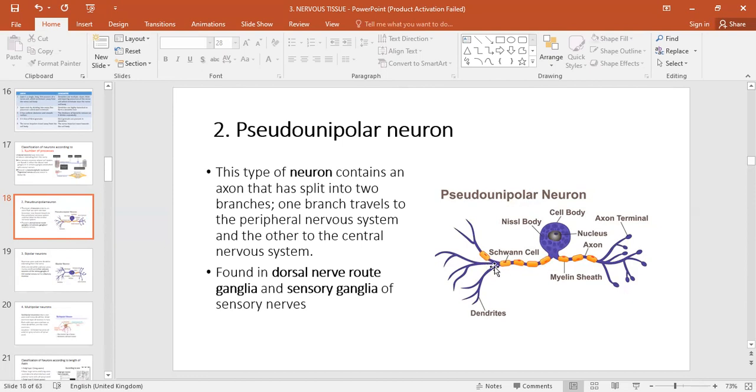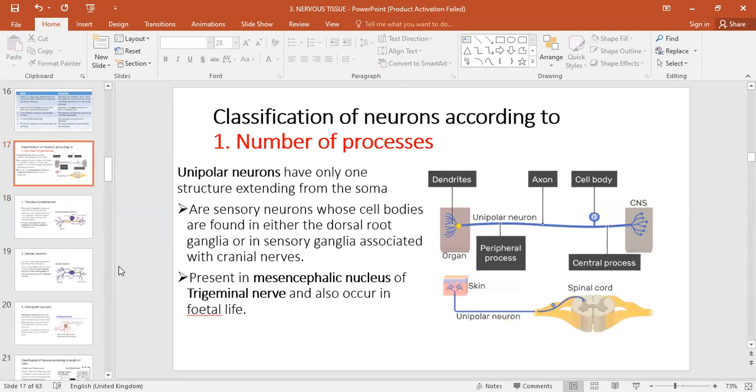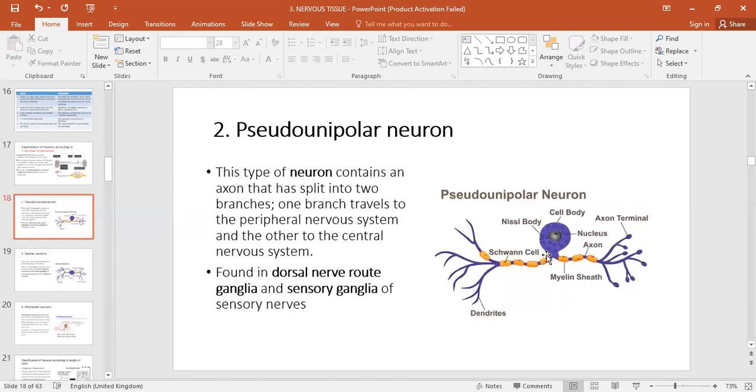One part will act as a dendrite, the other part will act as an axon. Dendrite, axon. But all of them connected to the cell at one point here. So we call this unipolar or pseudo-unipolar neuron, because it only has one pole where extensions are coming from the cell body. The other pole here is completely blank.